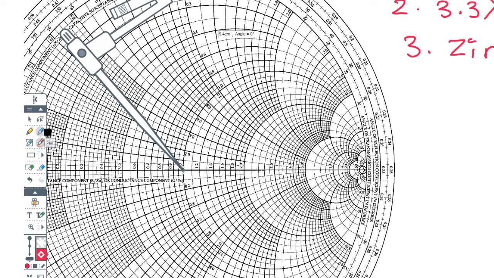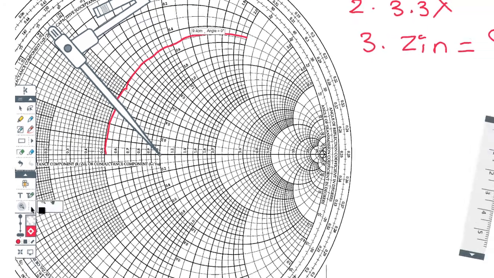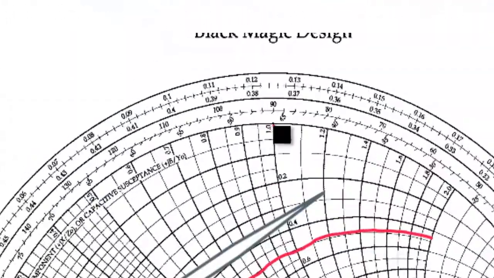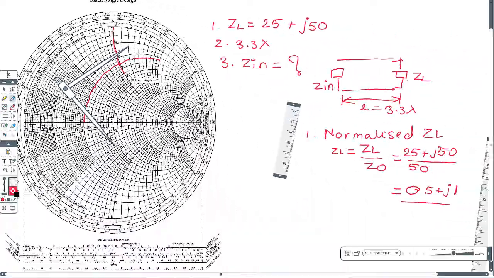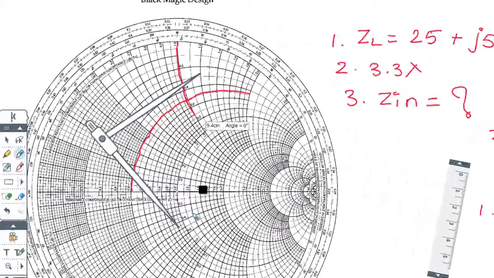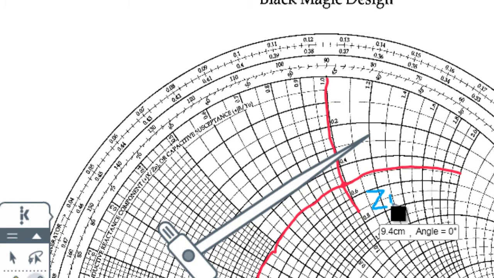So the normalized impedance is on the resistance circle 0.5, so move from 0.5 and J1, extend it, and we get one point. We write it as ZL, the normalized value.